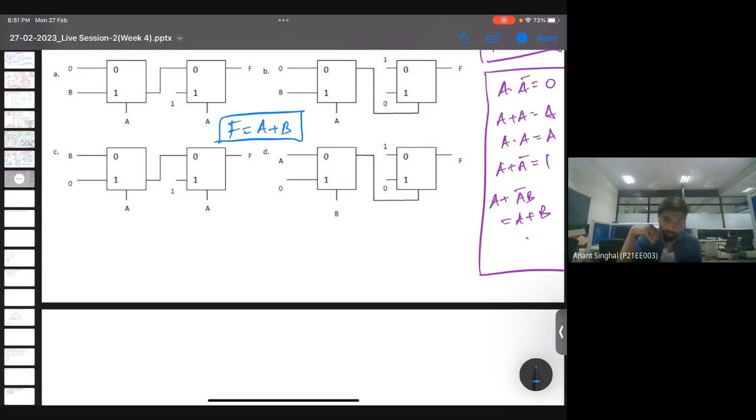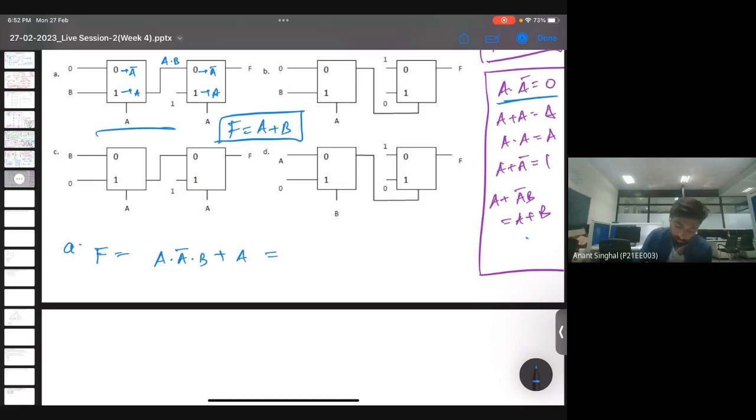Okay, option A. So we can start with option A if someone has answered. Let's see this circuit. Option A is nothing but if we write 0 is A bar and 1 is A. Again, this is A bar and this is A. So the output of option A will be A into B, and then F will be nothing but A bar B plus A. So A bar, we know that I've written that it is 0, and 0 multiplied by anything will be 0.